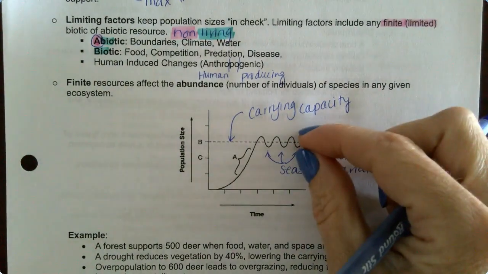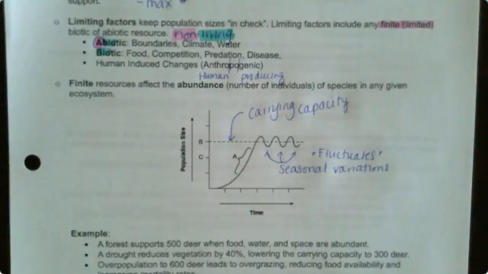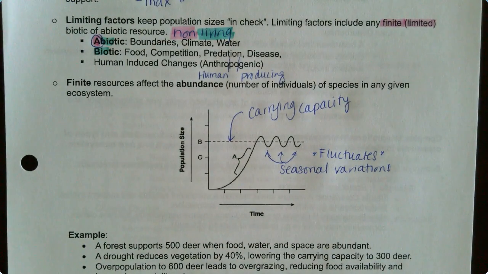But what you'll see is that when it's fluctuating, it's in a really narrow band. Many times that could be due to seasonal variations. In the springtime, it's rainier, grass is growing, you've got lots of leaves on the trees, you start to get vegetables and fruits that are produced. So food, especially for herbivores, winds up being plentiful.